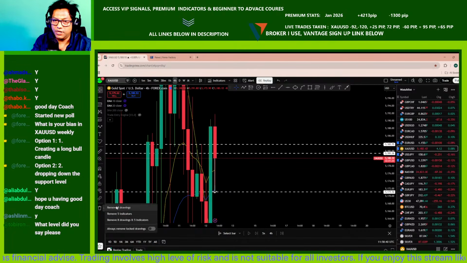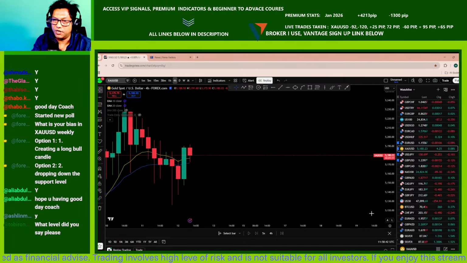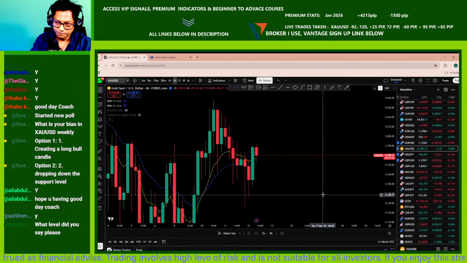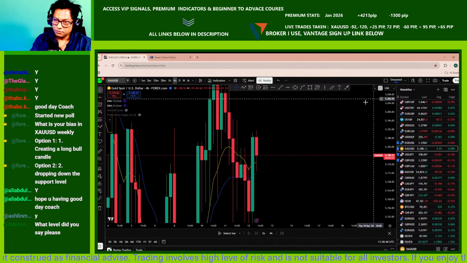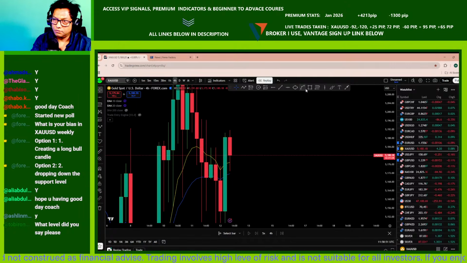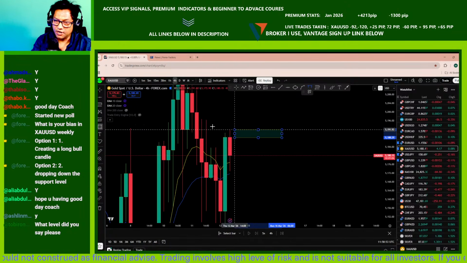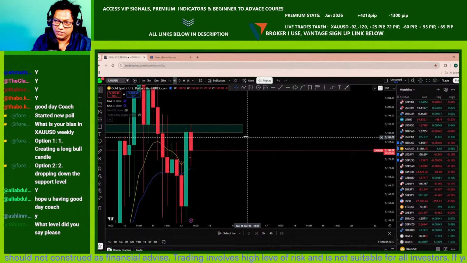Now deleting all those levels to freshly look at how the market is playing out. This is the current intraday resistance line that you can see here in that area.